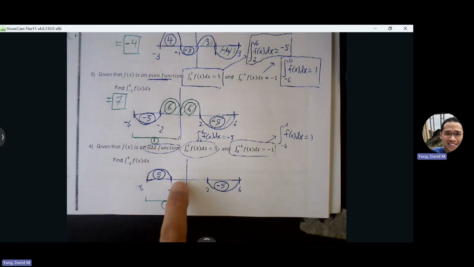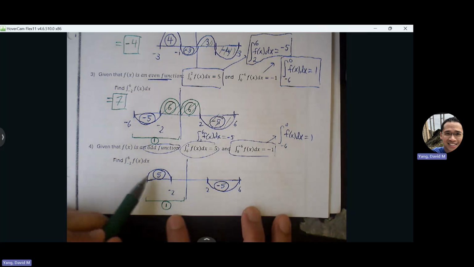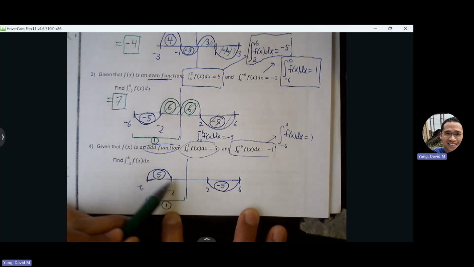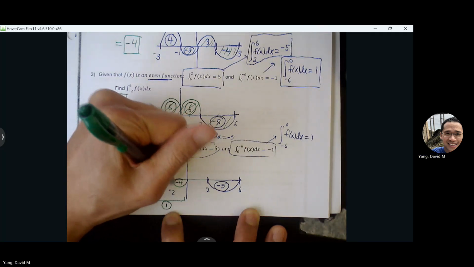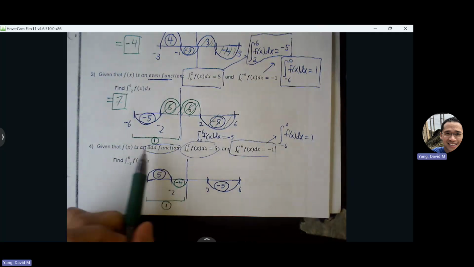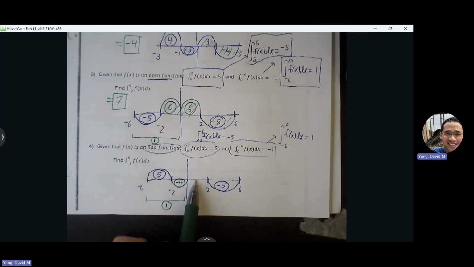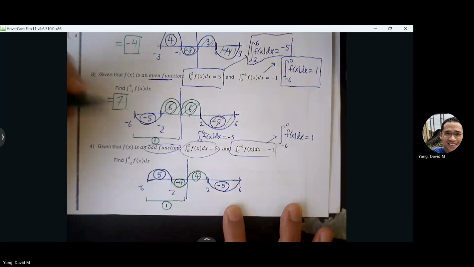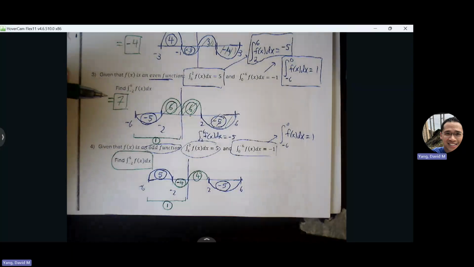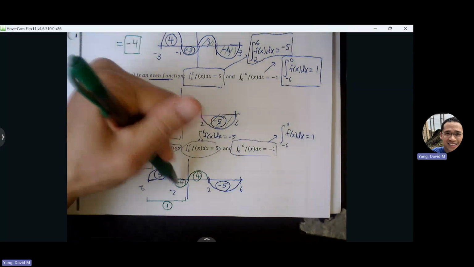Okay, what's this missing region here between -2 and 0? -4, right? I need these two numbers to add up to be a positive 1. We're still under an odd function, so if this is -4, then this side must be positive. And only add the regions that they're asking you to be involved here.